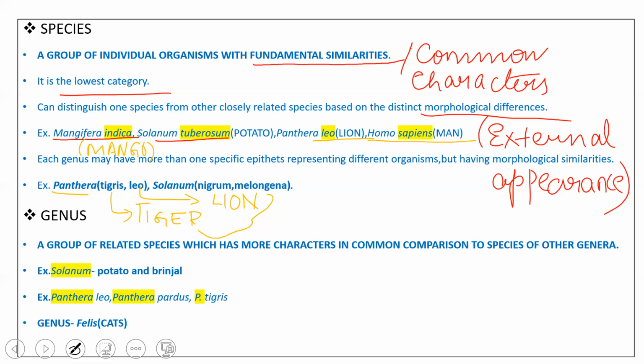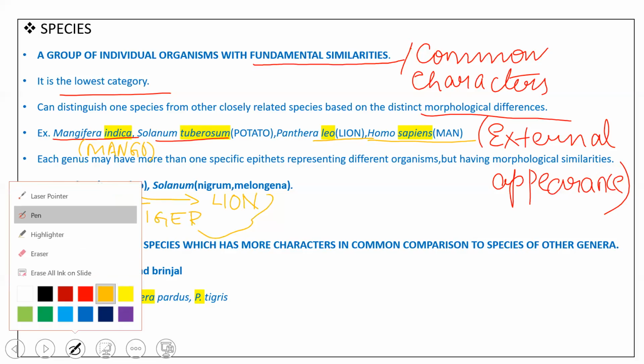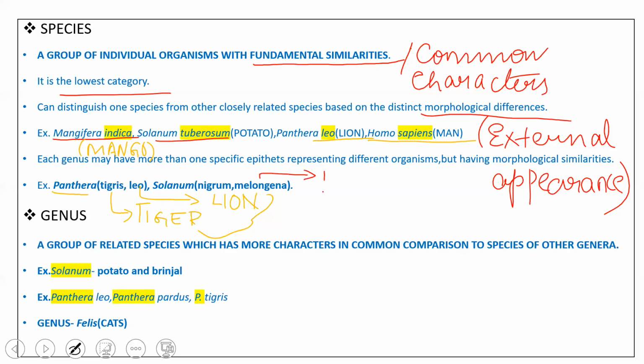Likewise, we have a few plant examples like Solanum nigrum. Nigrum is a species. Solanum melongena is brinjal. Solanum is the genus name for both nigrum and melongena. Likewise, Panthera is the genus name for both tigris and the lion, that is leo. These are some of the examples, and we understood that species is the lowest taxonomic category.